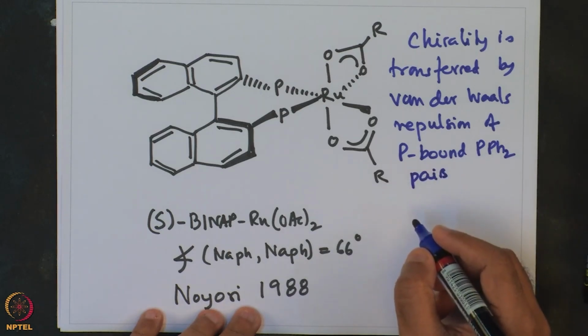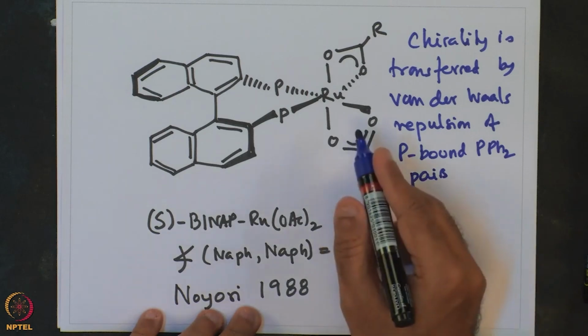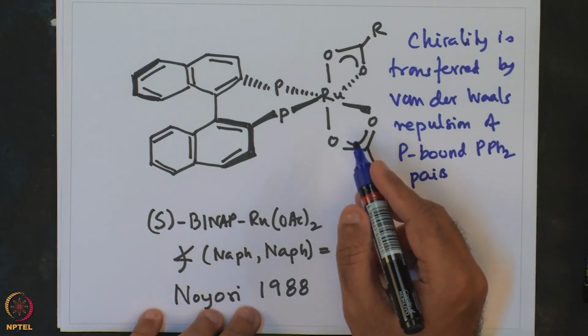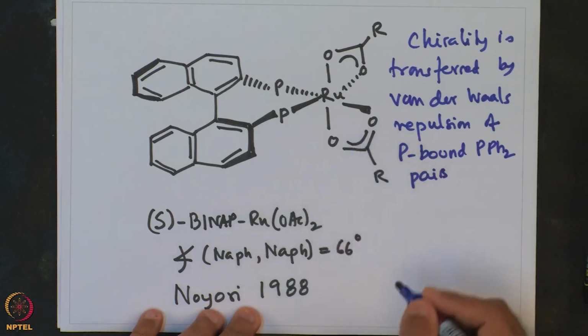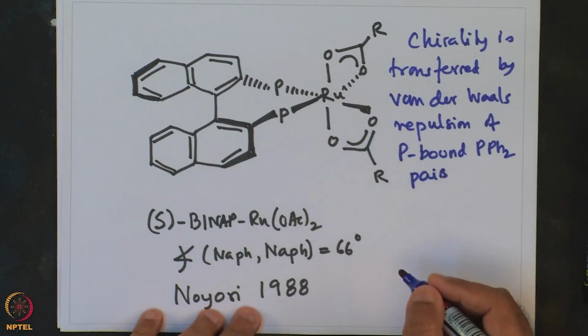And replacement of the acetate by the prochiral substrate allows facial differentiation.